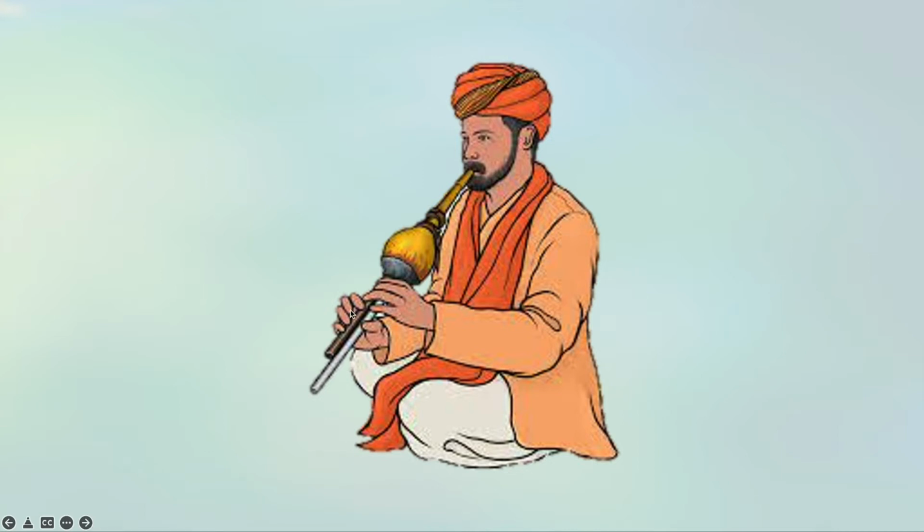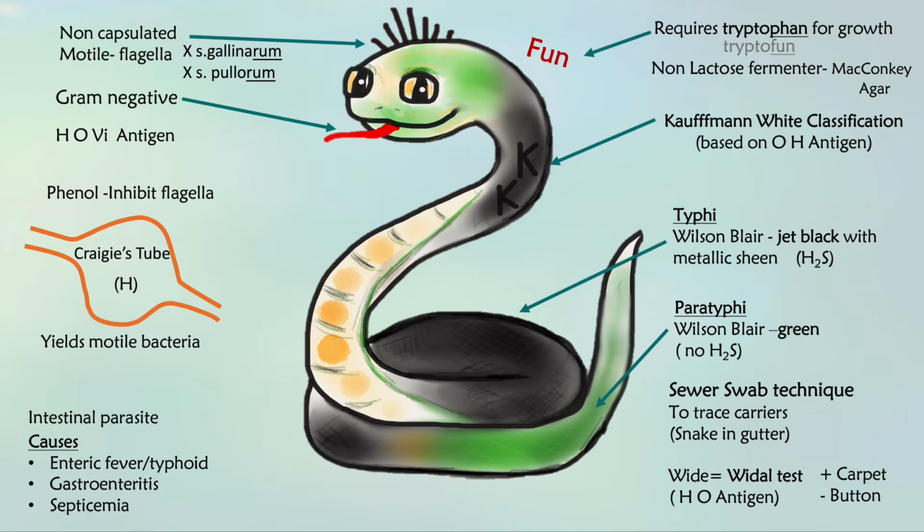So just as a snake dances to the been, Salmonella dances to the Craigie's tube, which means that we can obtain motile, that is dancing, bacteria with the Craigie's tube technique. And we get bacteria that are rich in H antigen.